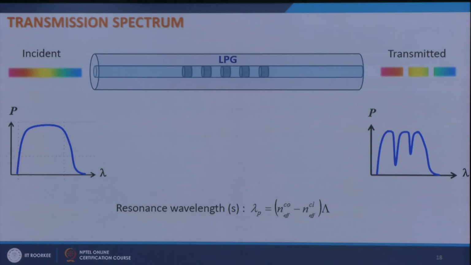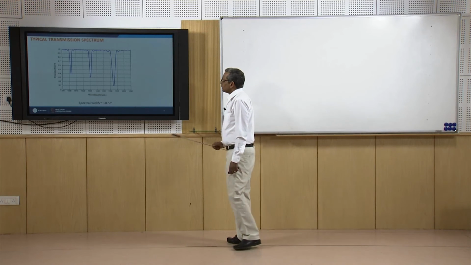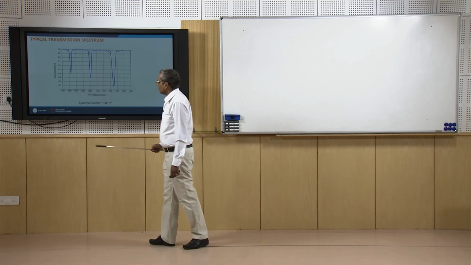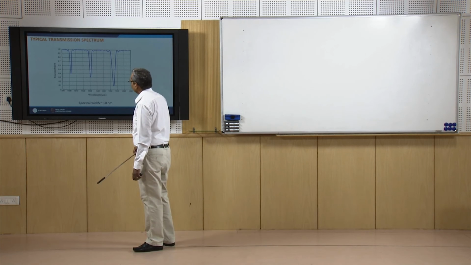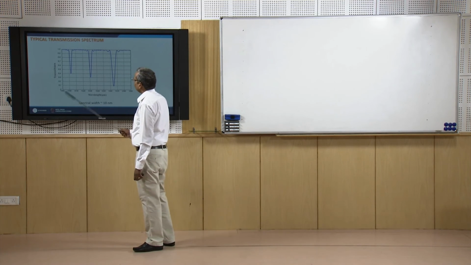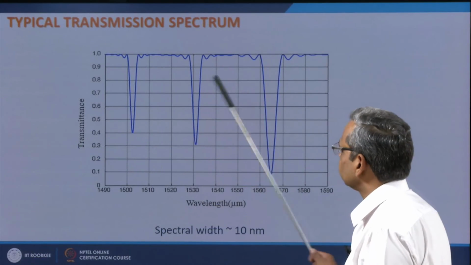So, you can have various rejection bands here, multiple rejection bands. Phase matching condition can be satisfied for a given capital lambda for various combinations of lambda p and n effective CL. This is the typical transmission spectrum of a long period grating, where the coupling is from core mode to various cladding modes.